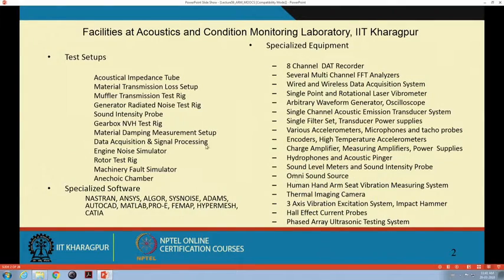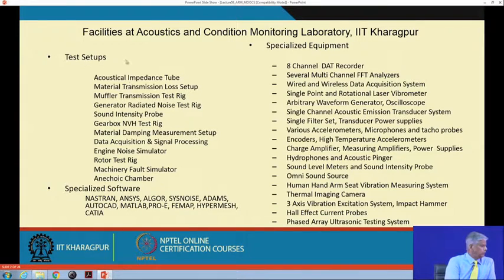I also go to other laboratories throughout the world and exchange ideas and collaborate, exchange students and so on. So, I thought I must let you know what the facilities available are.